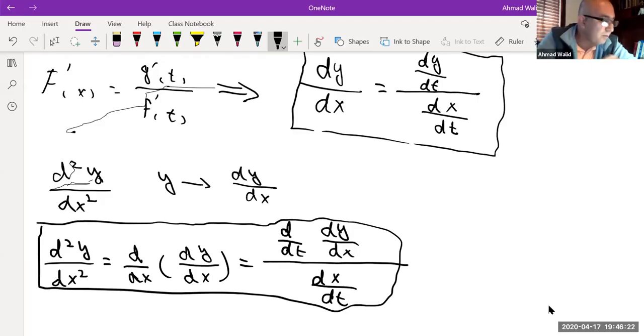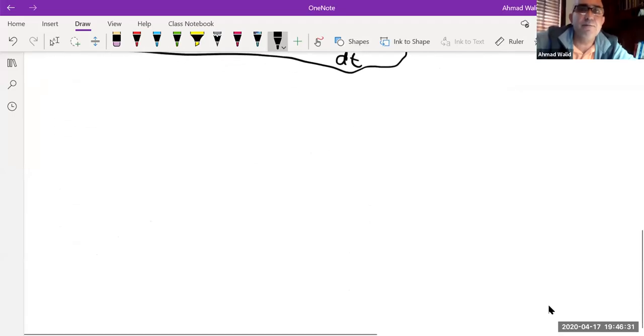Any question on these two formulas for me? No. Good. Let's do an example now.